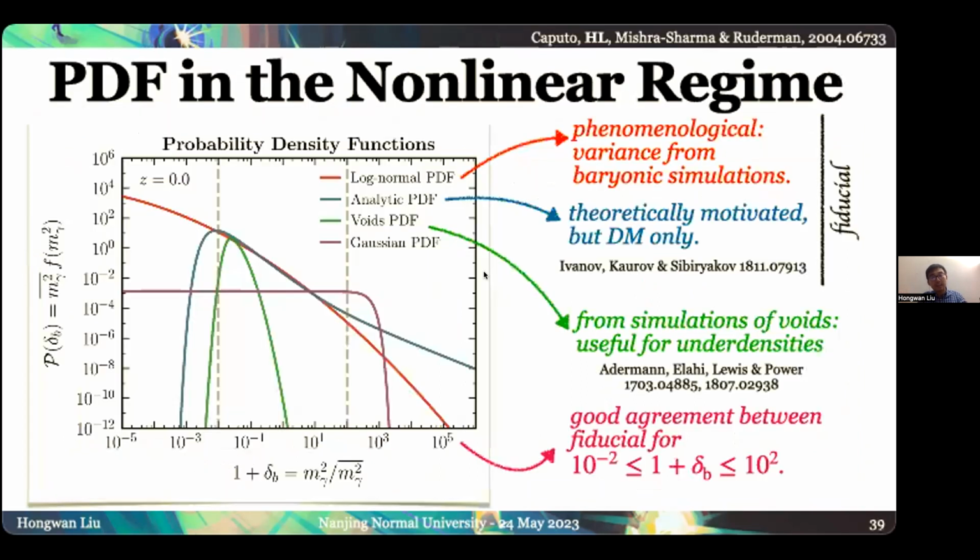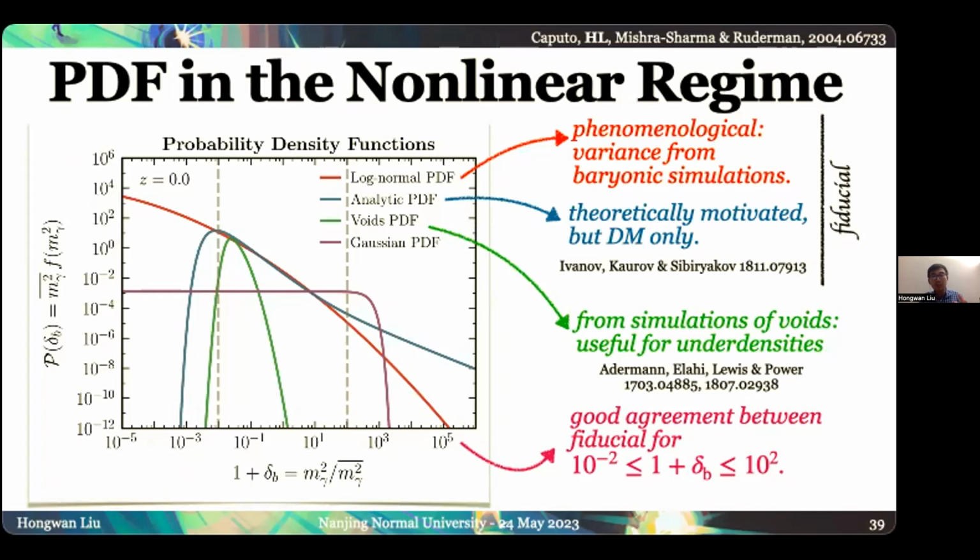The last thing I would say about this analytic method is to make some comments about the nonlinear regime, which is complicated. But the punchline is that in a nonlinear regime, the probability density function of baryon fluctuations is no longer Gaussian. And so we have to figure out a way to model what the PDF is. And we don't actually know what the PDF of baryons is at this time.